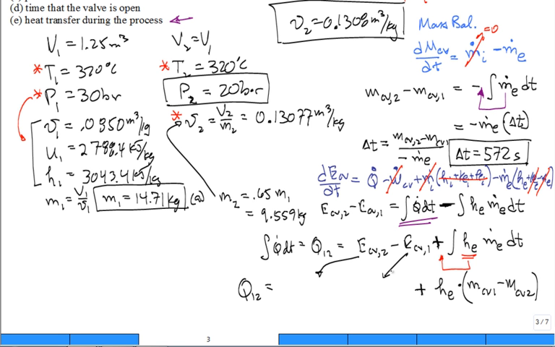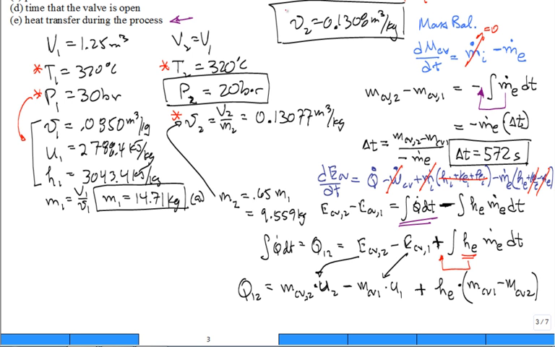There's nothing about its rotational rate or its overall velocity. The whole tank isn't moving for some crazy reason. So this just gets to be the mass in the control volume at the final state times U2. What do I mean by U2? The specific internal energy at state 2. Then we have minus the mass in the control volume at state 1 times U1.